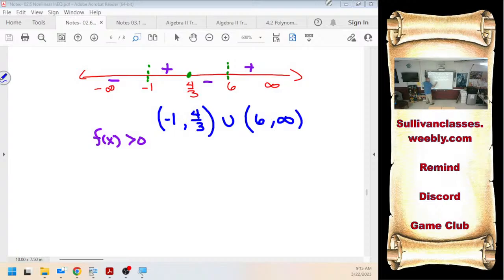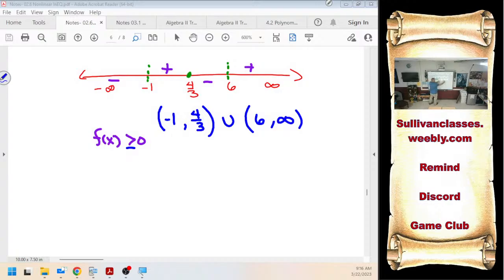how does it change if I say greater than or equal to? Right? We would turn this into a bracket because it's an x-intercept.